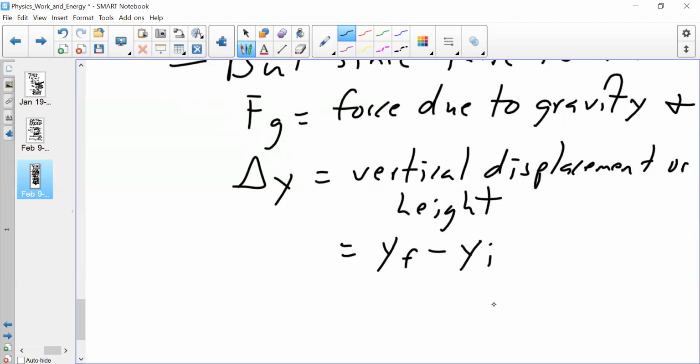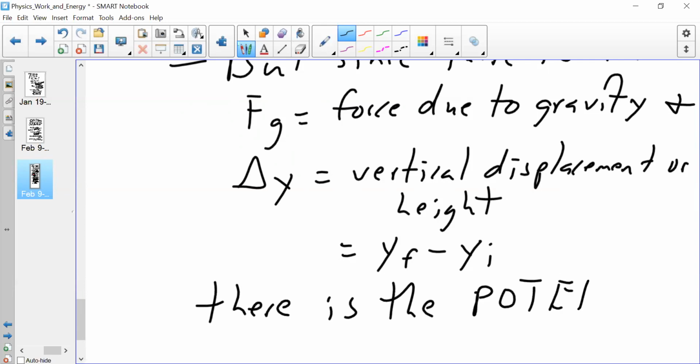Since these two vectors exist, the force due to gravity and there's a delta y, we can say that there is the potential. It is possible to move that ball. So I'm holding it up in the air, and at that moment, the force due to gravity has the potential to change the position of that object.